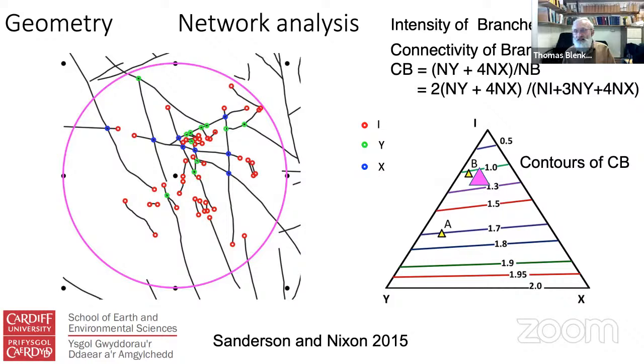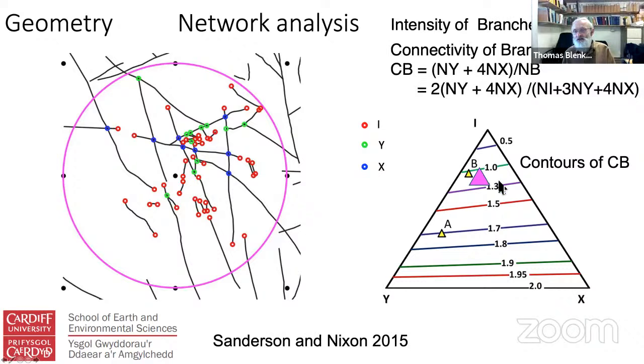So before we go on to that, let's just finish off on this slide by presenting the triangular diagram that Sanderson and Nixon produced, which shows the number of I nodes at this apex of the triangle, Y down here and X over here. And this diagram is contoured by the connectivity as established by that formula here.